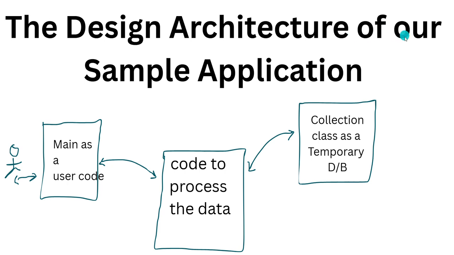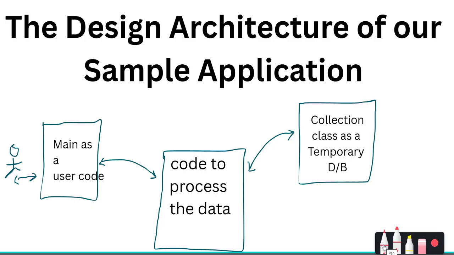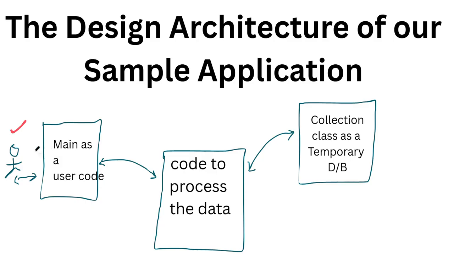So this is the design architecture of our sample application. Let's say we have a user, this is our user, guys. Our user is going to interact with our application. This is the user code. We will be creating a main application, and this main application is going to communicate with another piece of code, the service layer.